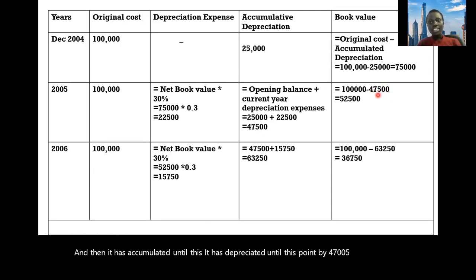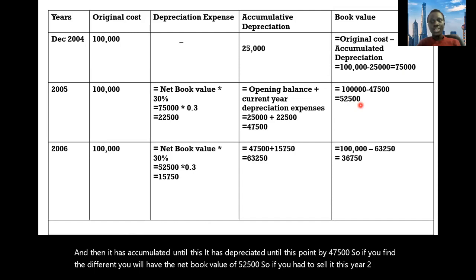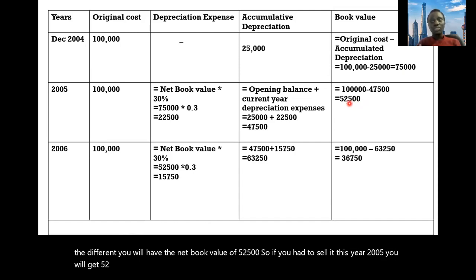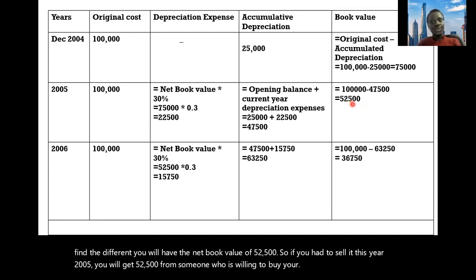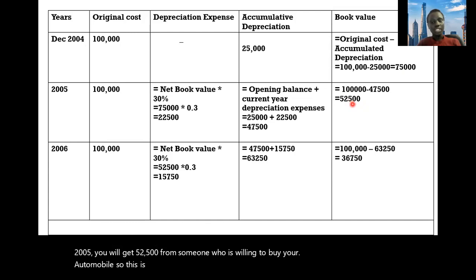If you find the difference, you will have the net book value of 52,500. So if you had to sell it this year, 2005, you will get 52,500 from someone who is willing to buy your automobile. This is the value you will get for selling that automobile. But you're not selling it.